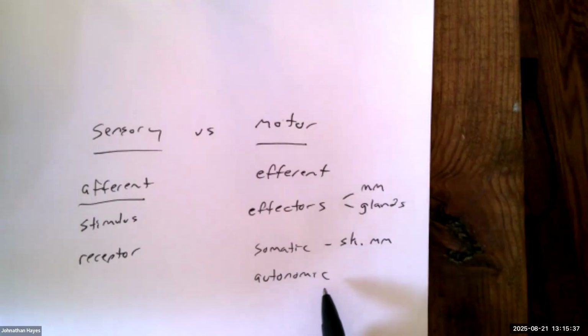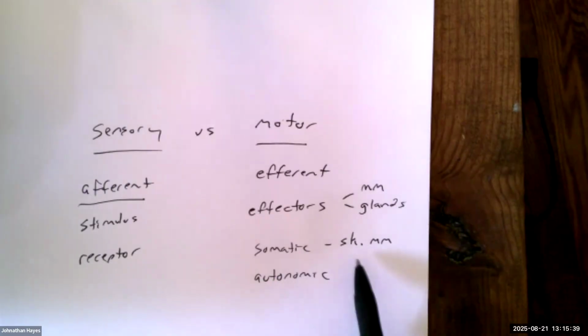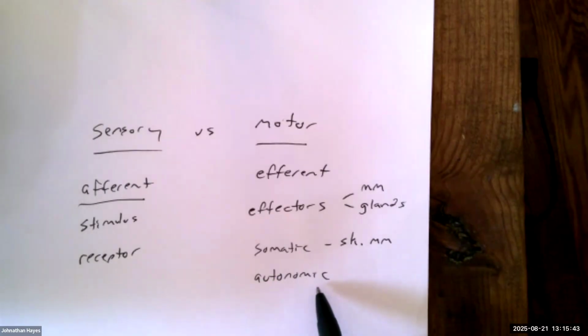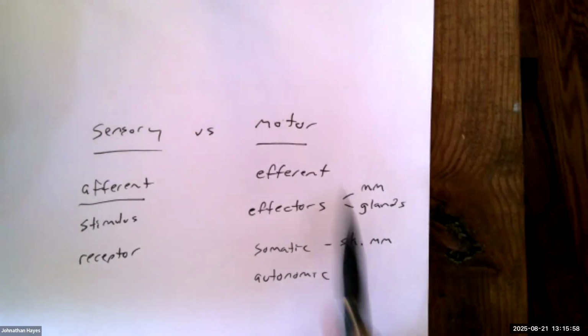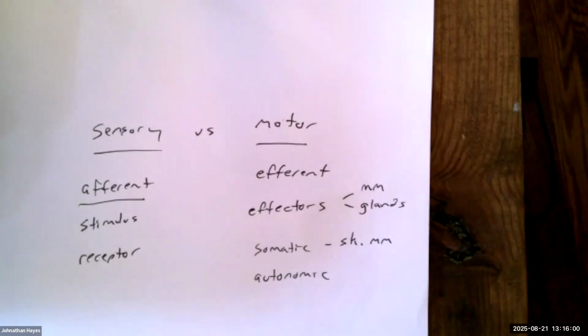So that's autonomic in nature. So pretty much anything other than skeletal muscles that we're going to try to control organ-wise, so maybe the walls of vessels, the walls of digestive organs, anything you don't have to think about, is controlled through autonomics. And that's another subdivision of the motor portion of the nervous system.